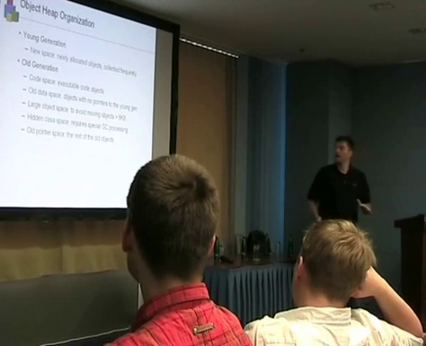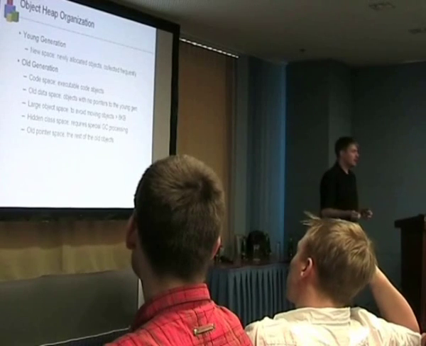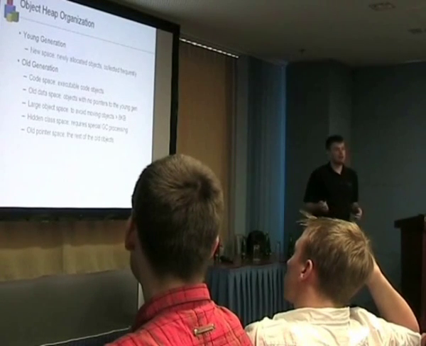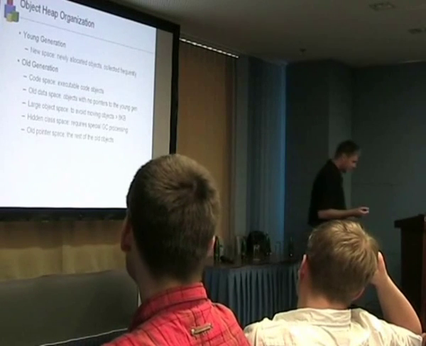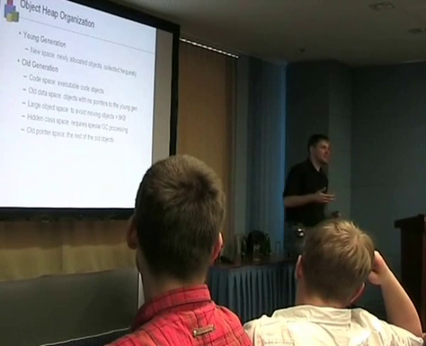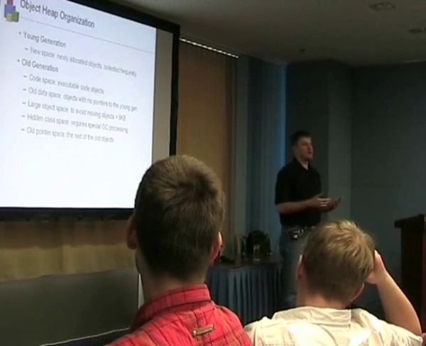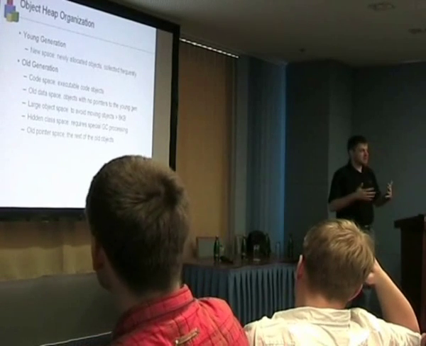In the young generation, that's where we put all of our newly allocated objects. And the idea here is that when you allocate a new object, it's probably going to die pretty soon. That's a characteristic of object-oriented programming, that you have a lot of temporary objects. So basically, objects die young.